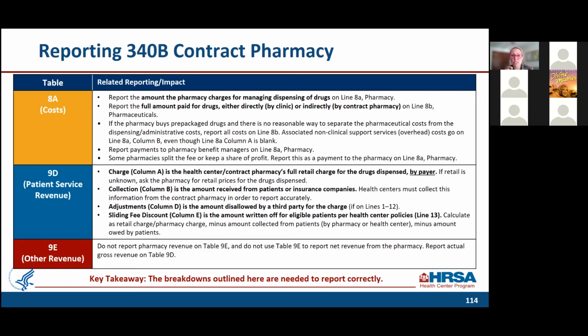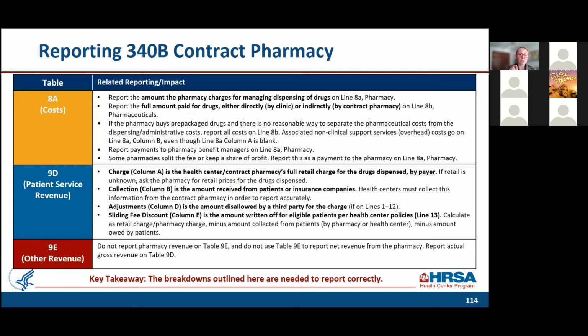The overhead costs go on 8A, even though line 8A, column A is blank. So report payments to pharmacy benefit managers on line 8A, pharmacy. And some pharmacies split the fee or keep a share of the profit. You'll report this as payment to the pharmacy on line 8A, pharmacy.